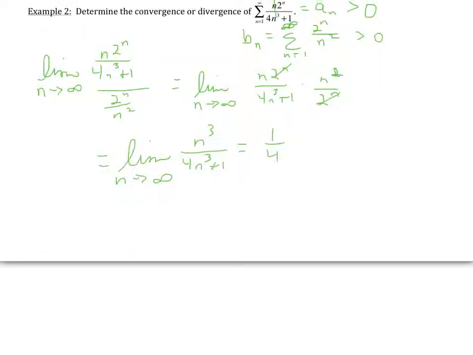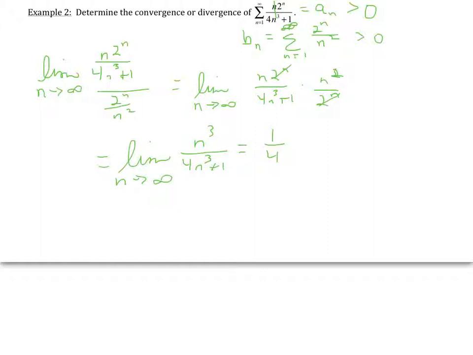So the last thing we needed to do is to determine whether or not our b sub n converges or diverges. So if we look at b sub n, the first thing I would do is the nth term test on b sub n, okay? And what I see, 2 to the n over n squared, that top is definitely going to grow a whole lot faster than that bottom is, and so that's going to go to infinity.